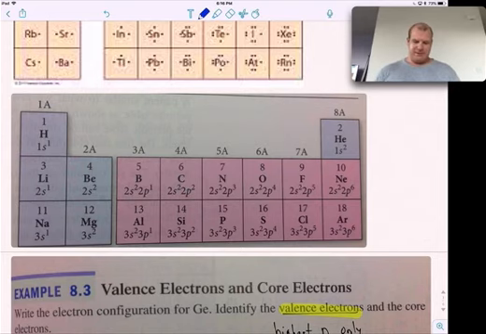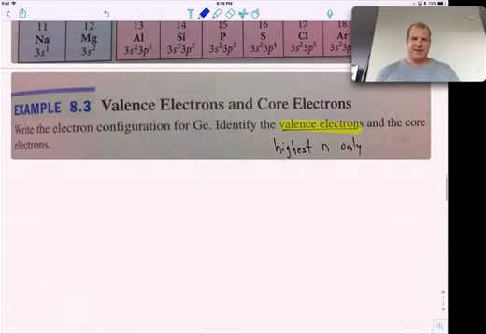Germany was the leader in science back when chemistry was in its formative years. Okay, write the electron configuration for germanium. Identify the valence electrons and the core electrons. Valence electrons are in the highest principal quantum shell only.